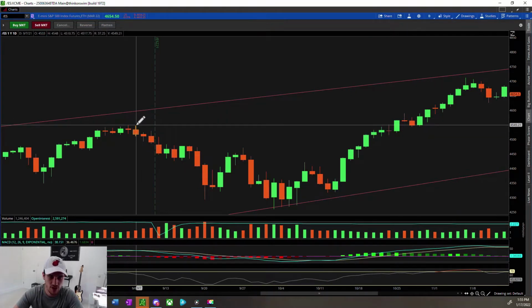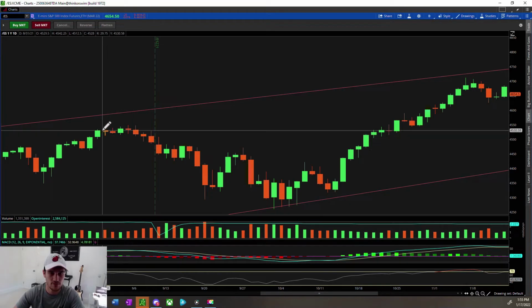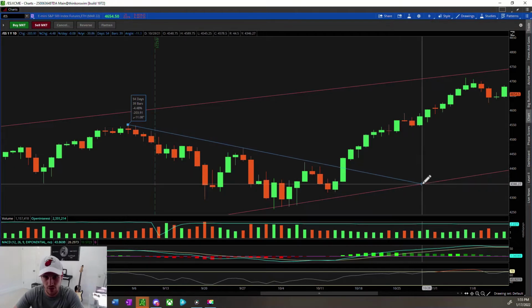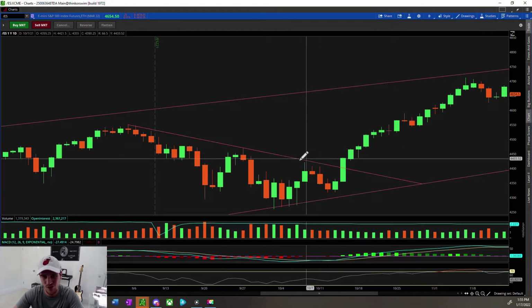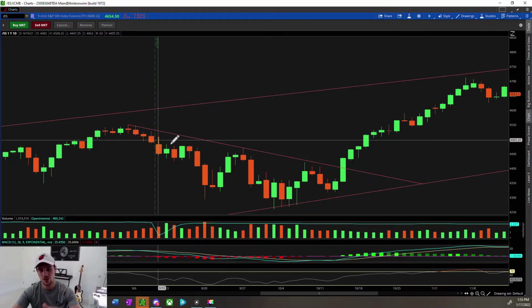From this point, we did have some overbought conditions with the S&P 500, and then we ended up pulling back. So we can draw a trend line here, right? Boom. Touch point number 1, 2, 3, 4, almost 5 and 6. But you can see that there's a series of lower highs being established here as the market was correcting.